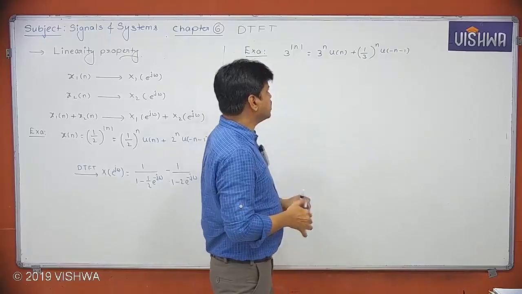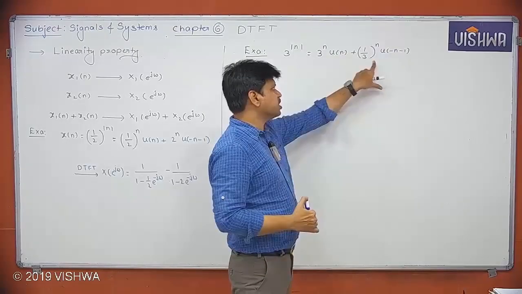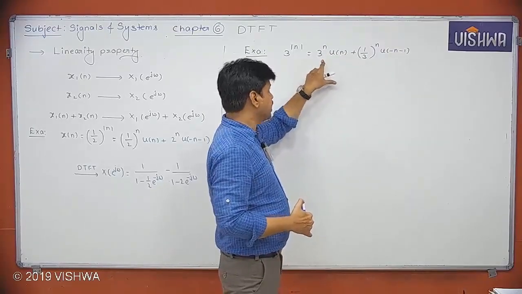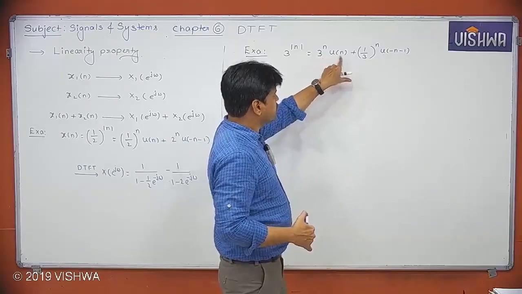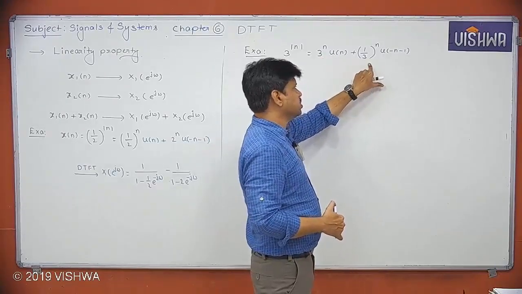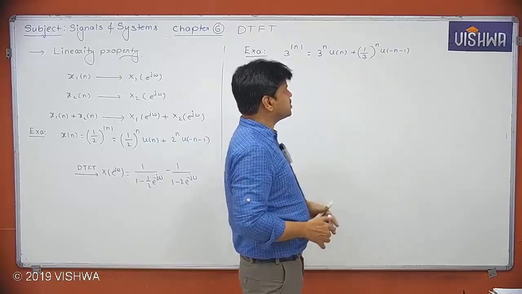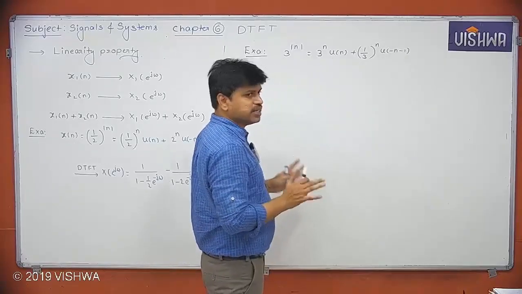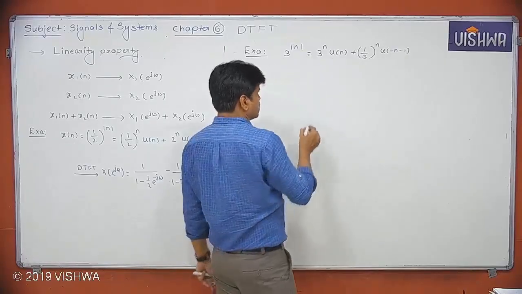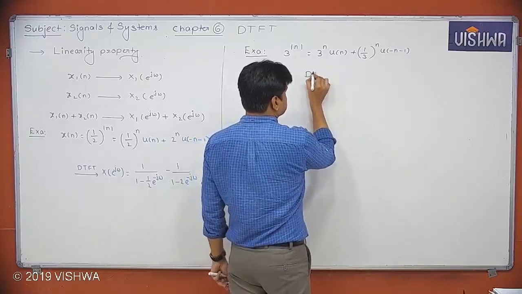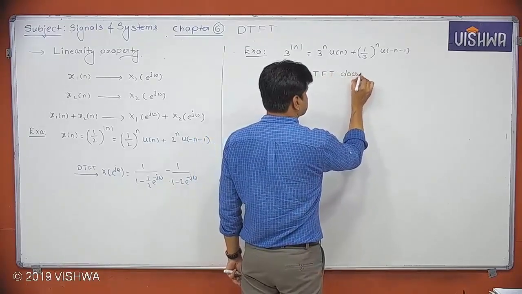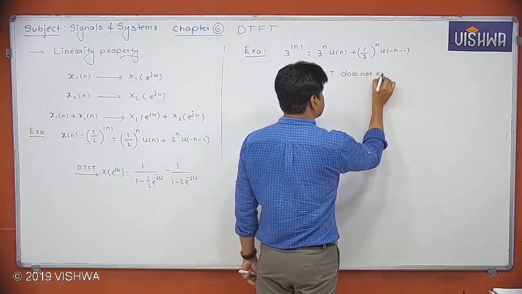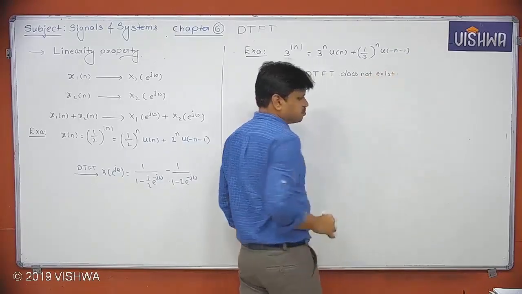If you observe carefully, the right-sided exponential is a growing exponential, unbounded. The left-sided decaying exponential is also unbounded. So both the signals are unbounded, so we cannot write the DTFT. So DTFT does not exist.